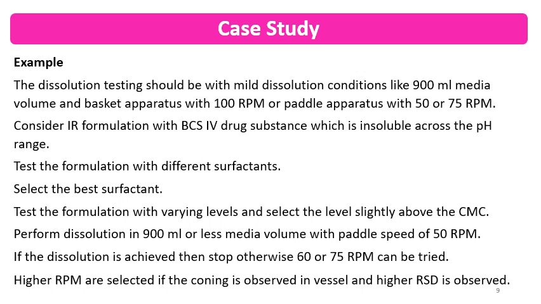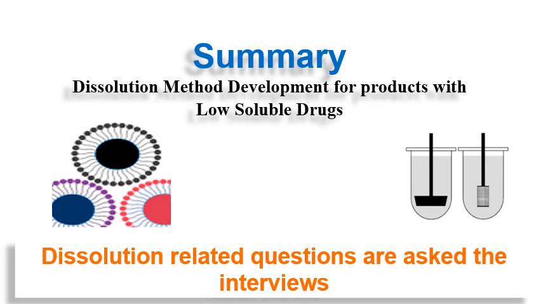So to rule out those variable results, generally the hydrodynamic conditions are improved by increasing the rpm. So from 50 paddle rpm you can go to 60 rpm and then to 75 rpm and check whether the dissolution is getting improved or not, and like that we can develop a dissolution method for poorly soluble drug substances and the formulations containing the low soluble drug substances.